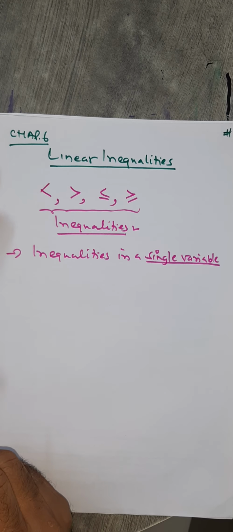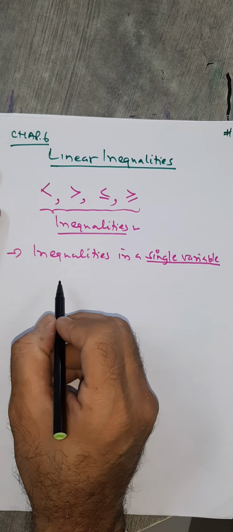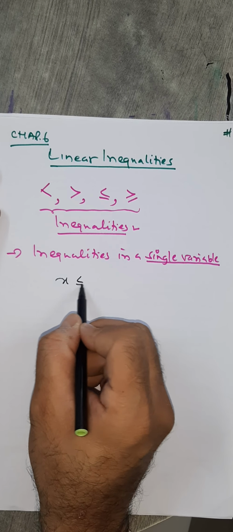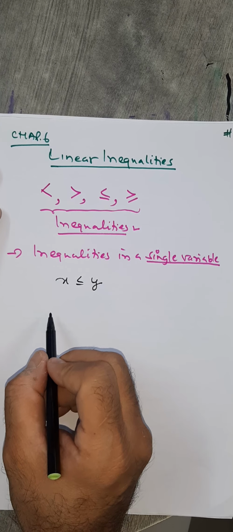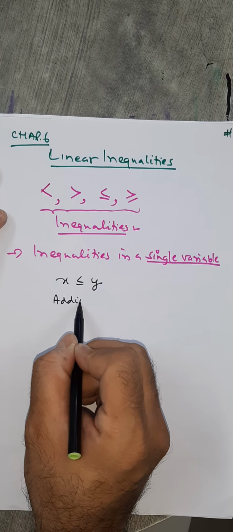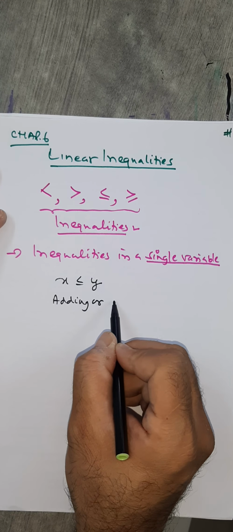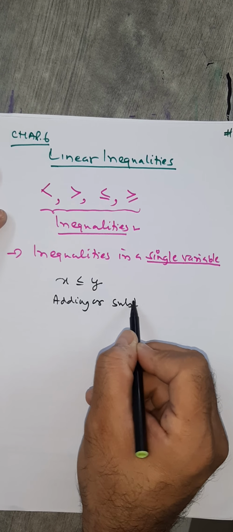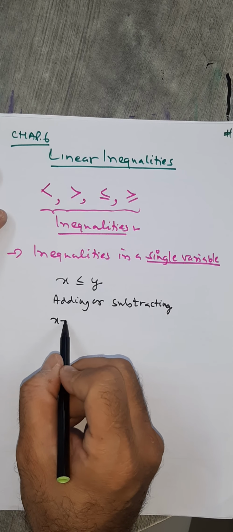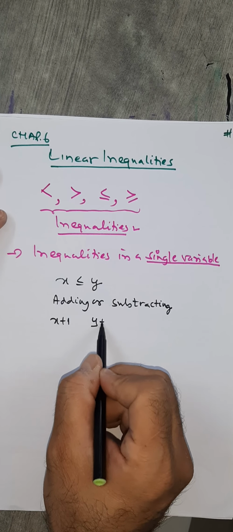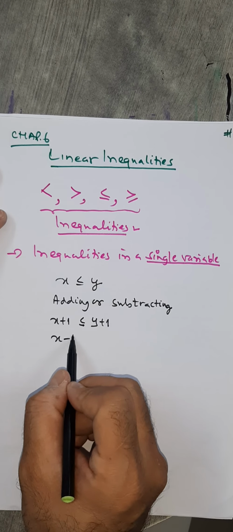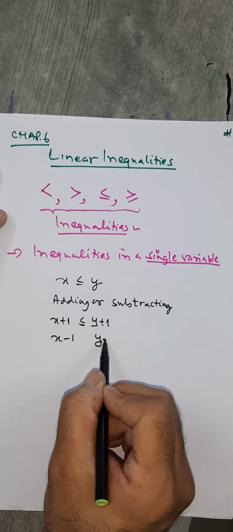Number one: if you have any inequality, suppose I have x less than or equal to y. If I add or subtract some constant, suppose I add 1 to x and 1 to y, then the inequality remains the same.